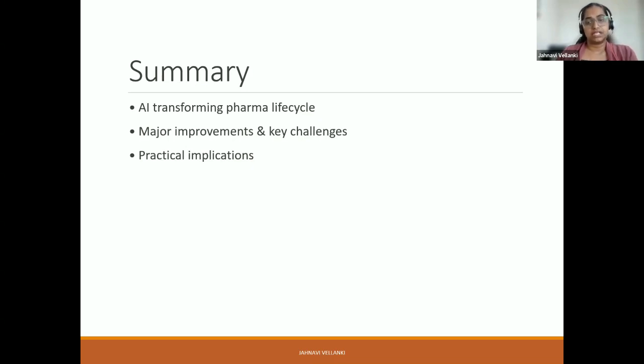In spite of these, firms have to overcome the regulatory hurdles, ethical challenges, and biases in AI models to ensure public confidence and compliance with international standards. In the future, I think a lot of AI studies should concentrate on building explainable AI models that enhance the transparency and accountability of AI-powered pharmaceutical interventions.